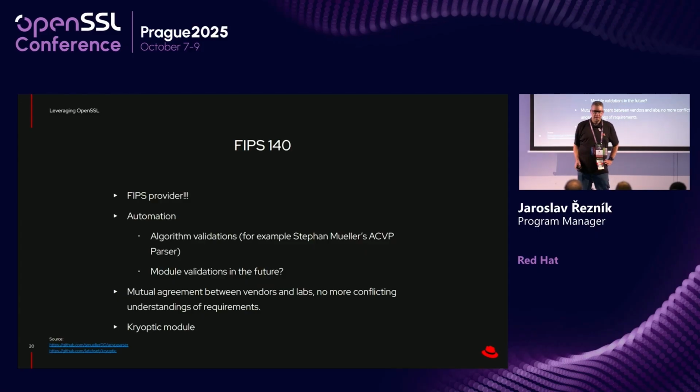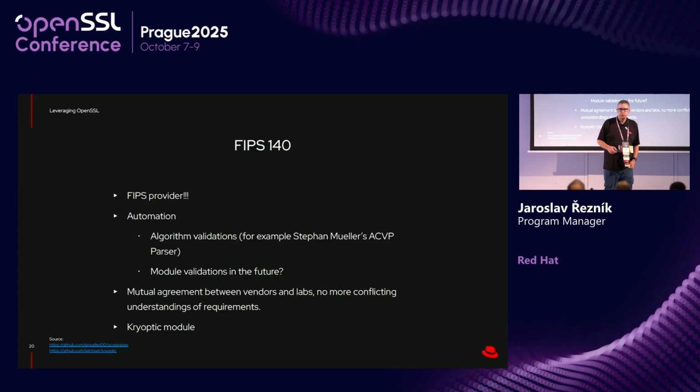Our lab tells us, hey guys, you have to change this, but upstream didn't have to change that, because their lab told them no, you don't have to. So a mutual agreement on what is the right FIPS code that we should use would be perfect. No conflicting requirements, no patches downstream. That is something that we would use a lot.